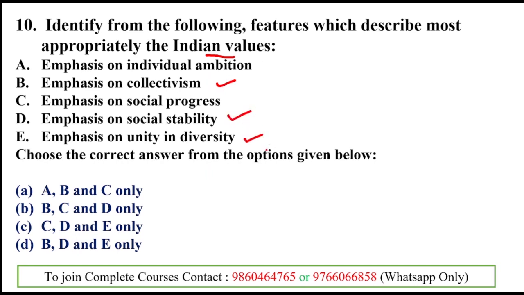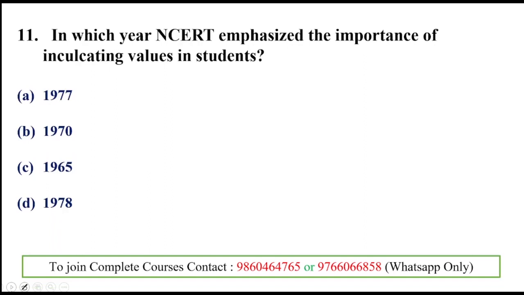That is our prime value, unity in diversity, and also social stability, and then collectivism, not the individual ambition. And social progress is a development purpose, it is not a value. Clear? So BD is the right answer. Clear? Moving to the next one.